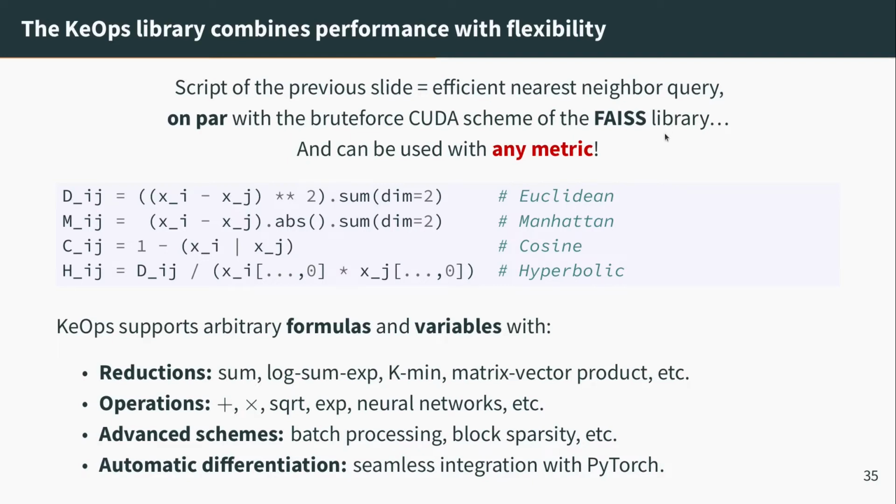And the good thing is that we can use it with any metric, because it's not a static binary. If I want to use a Euclidean metric, I use xi minus xj squared. But if I want to use an L1 Manhattan metric, I can write xi minus xj, I take the absolute value, and then I take the sum. If I want to work with a cosine similarity metric, I can use a dot product.